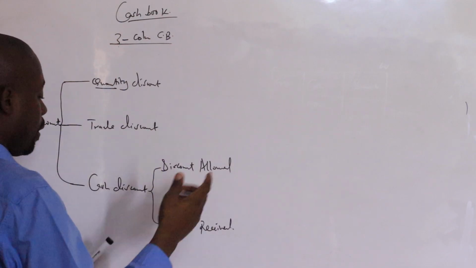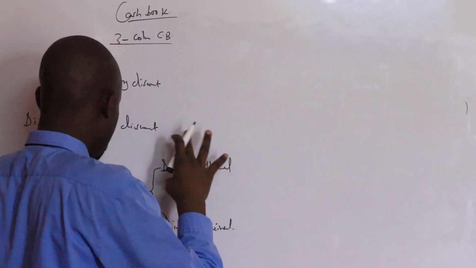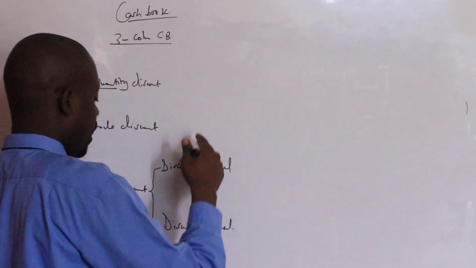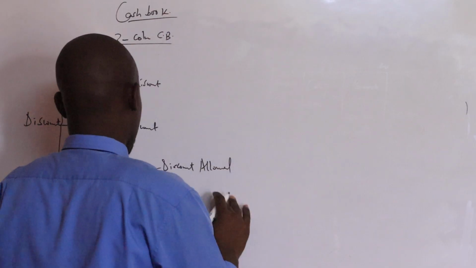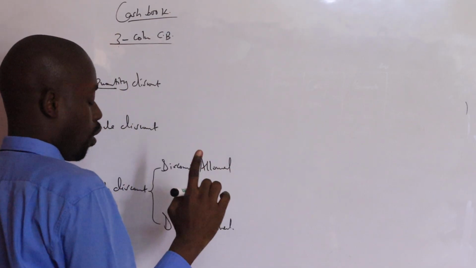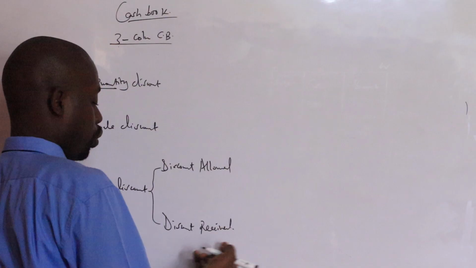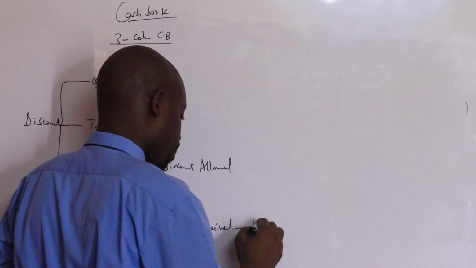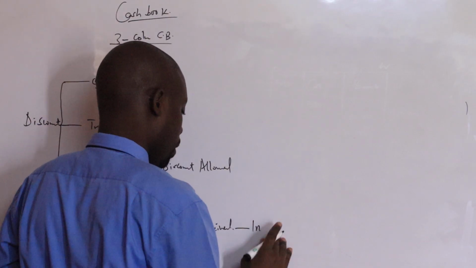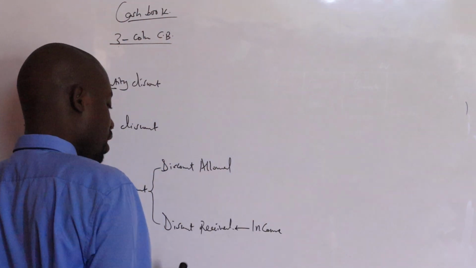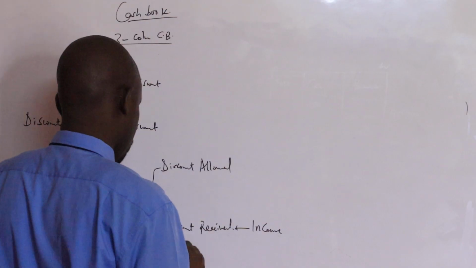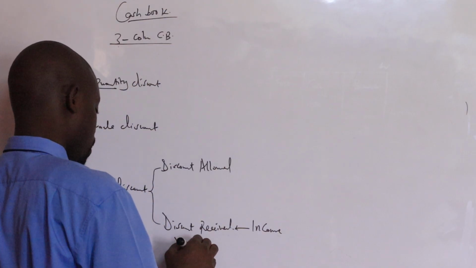So we are saying this cash discount, whether allowed or received, reduces the price of the commodity. So if you are buying, you receive. So it's an income. So on purchases, it's discount on purchases.